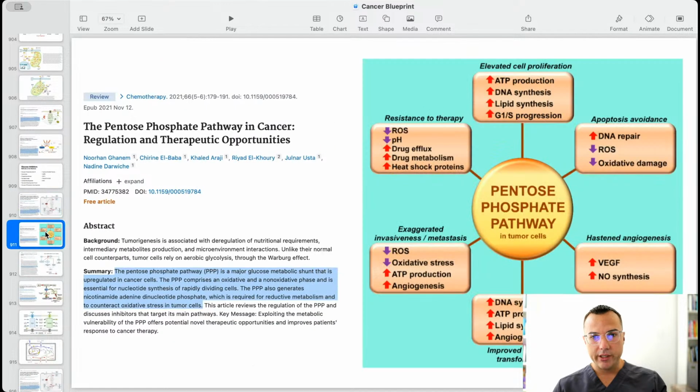And then we're going to look at, for example, the pentose phosphate pathway, which is also a key pathway that is upregulated and utilized in cancer metabolism and Warburg metabolism.